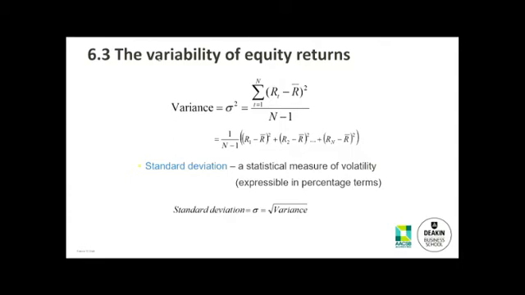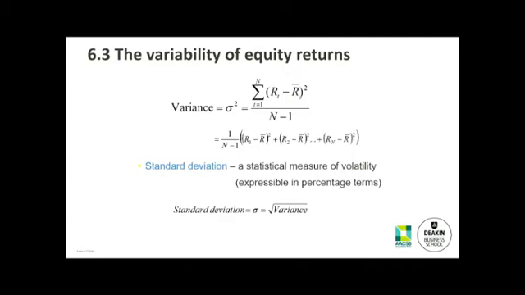Variance itself represents, listen carefully, the risk of the asset. If you look at the bracket inside, summation means the sum of all of the deviations of the return from its average value. Please look at the values in the bracket. I will explain them one by one. This equation looks complex, but in fact it is very easy to understand. R_t is your return on that day, on time t.